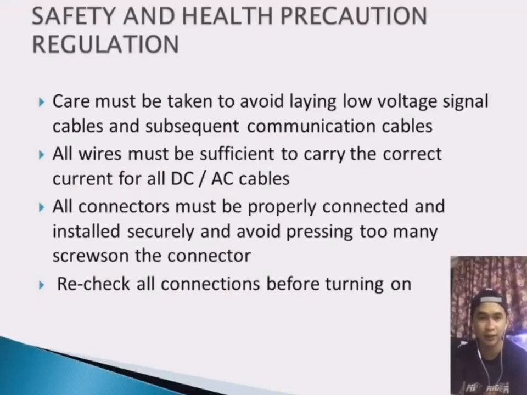If the wrong cable is used, this could cause a fire. Next, all connectors must be properly connected and installed securely, and avoid pressing too many screws on the connector. And the last one is to double check all connections before turning on, as incorrect wiring can cause damage.